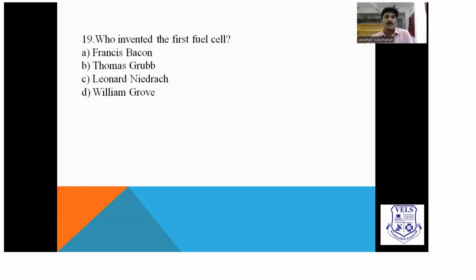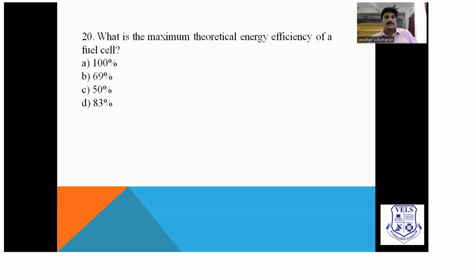William Grove is the full name of William Robert Grove. He mixed hydrogen and oxygen in the presence of an electrolyte and produced electricity and water. The fuel cell he made is similar to today's phosphoric acid fuel cells. So D is the correct answer, William Grove. Okay. Next.